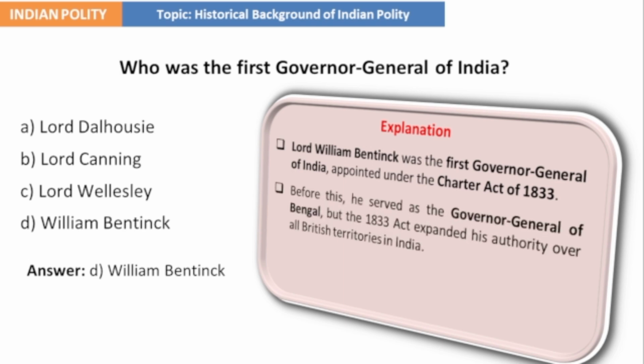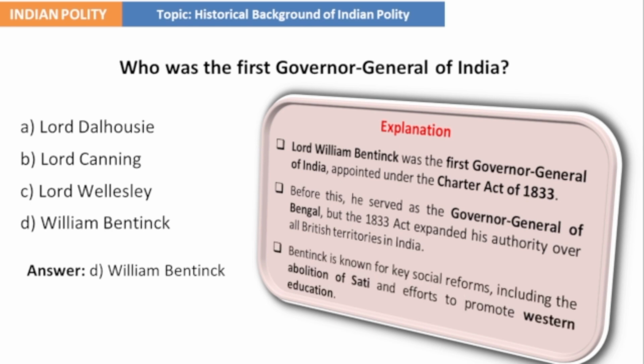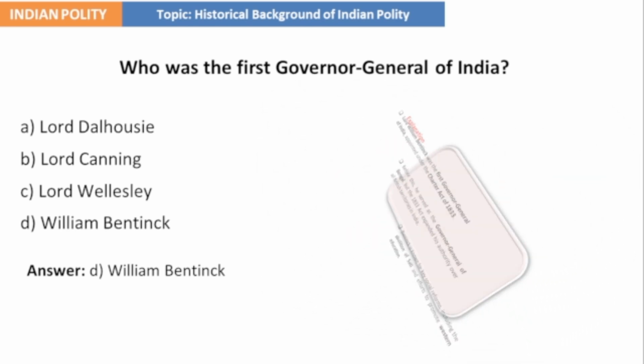Before this, he served as the Governor General of Bengal, but the Act of 1833 expanded his authority over all British territories in India. Bentinck is known for key social reforms, including the abolition of sati and effort to propagate Western education in India.